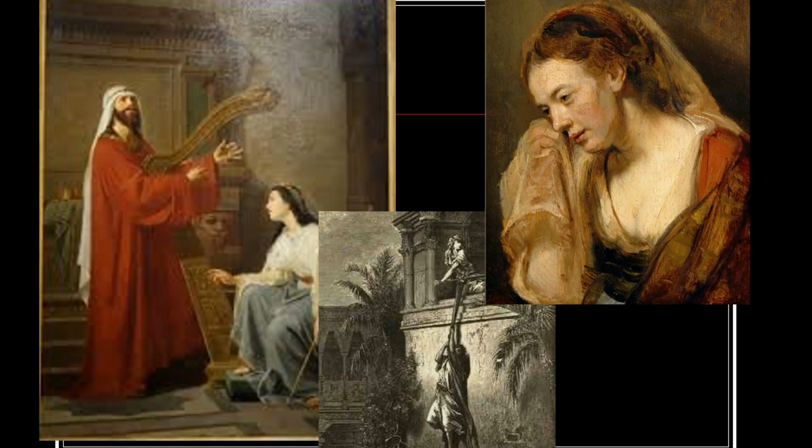In contrast, round characters are fully developed. These characters appear as real and complex people. They portray multiple traits, often contradicting each other. A quick example would be Michal, one of David's wives.